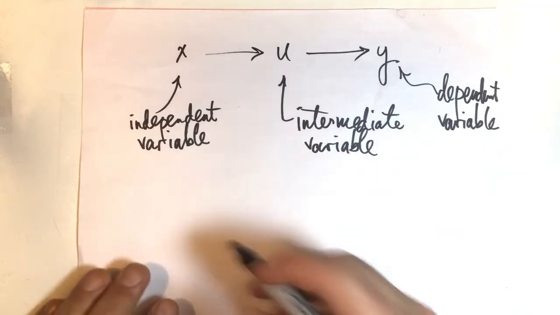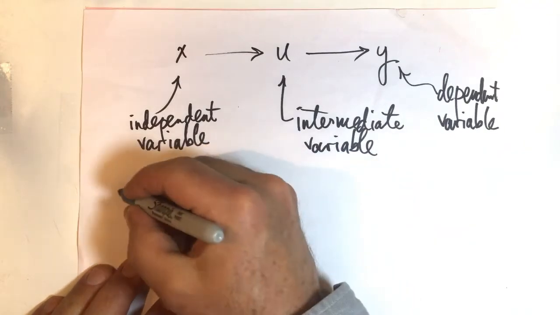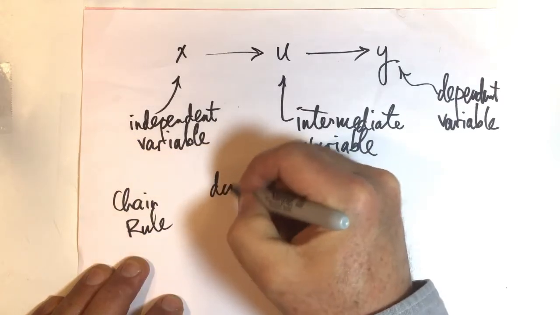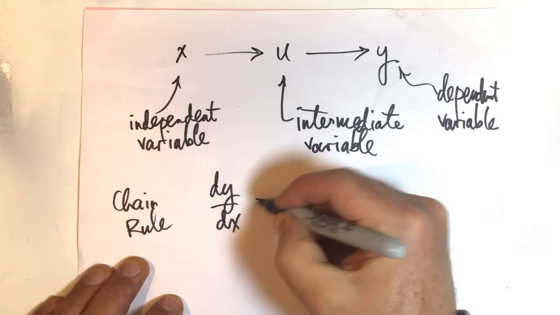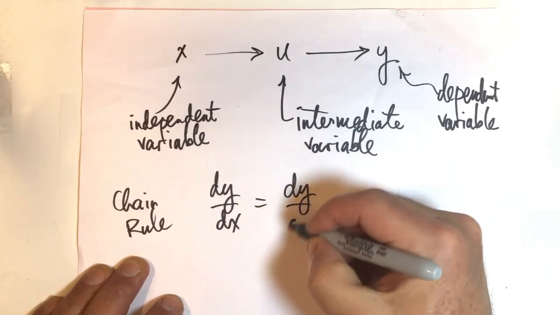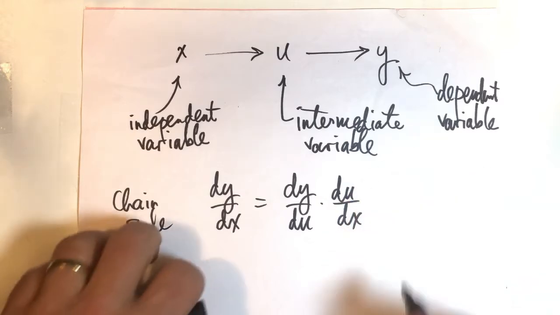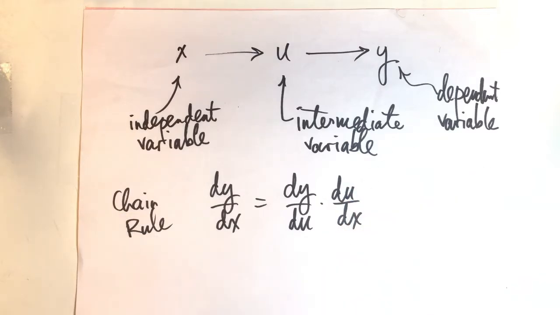In this setting, the chain rule says dy by dx is dy by du times du by dx. That's the chain rule in differential form.